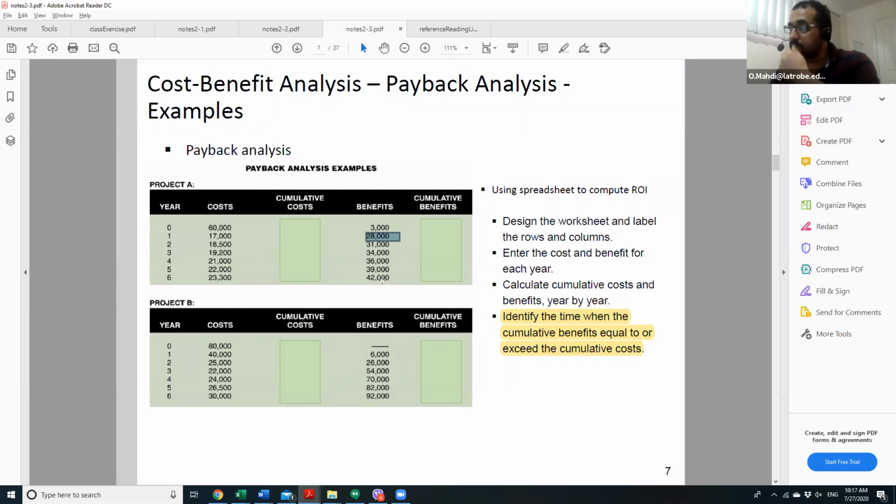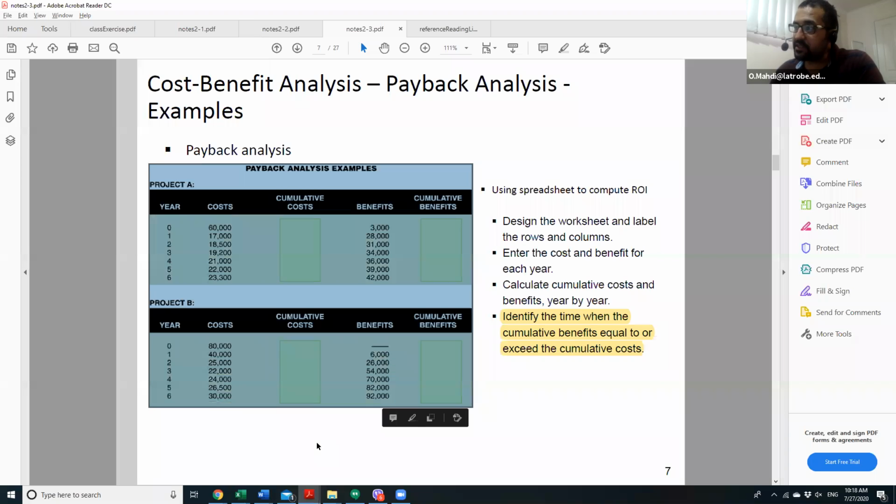Okay, all right. And the same thing exactly for project B. So the initial cost for project B is what? Is 80,000. All right, 80,000. Second year 40,000, third year 25,000, 22,000, 24, till the cost became 30,000, right?